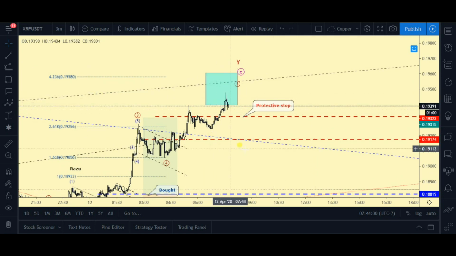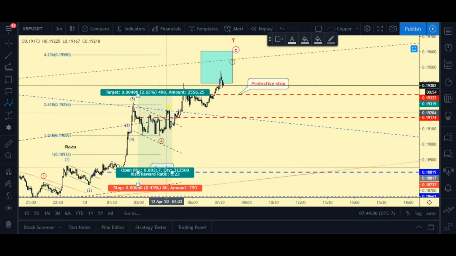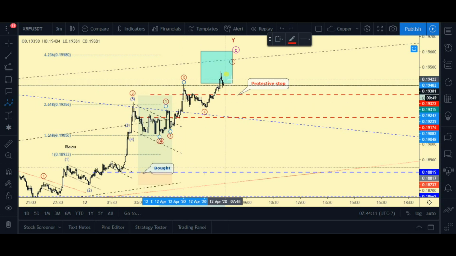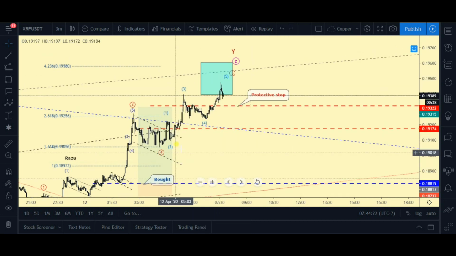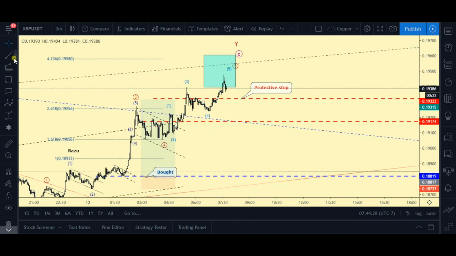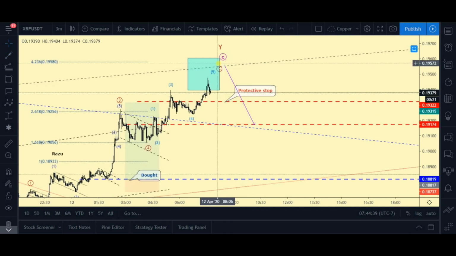So inside the fifth wave we have to see the 5 waves. For example, this is the first and the second, we have the third and fourth and the fifth, almost similar to all the impulsive waves. So right now I'm expecting a reversal from here, and this reversal could come around this area, a correction.